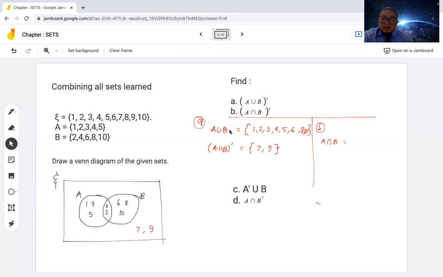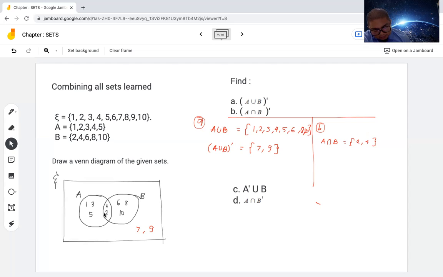So when we say A intersect B, that means we are pertaining to the elements that are common between A and B. Common automatically refers to the intersection of the two circles. So we can say that those are 2 and 4.